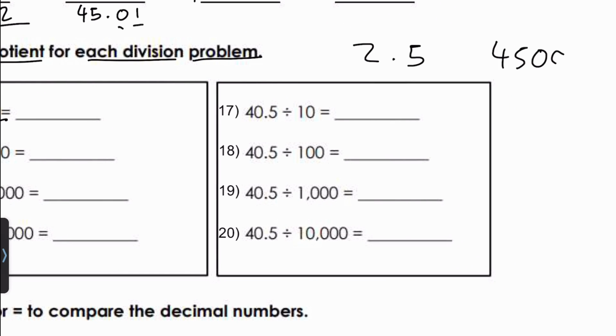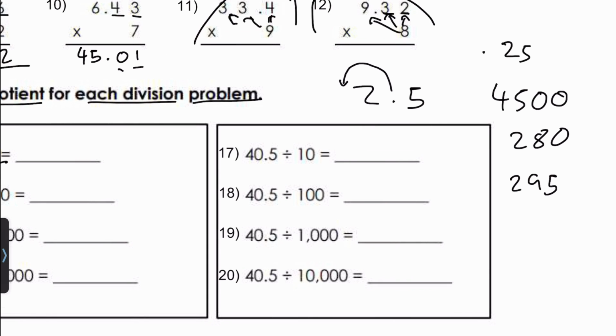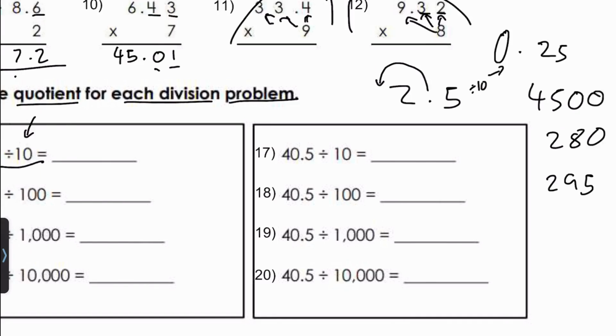So I'm going to give a few numbers here. If you divide any of these by 10, you just move the decimal point 1 time to the left, and you might think, oh, so now it's .25. Well, it looks a bit weird, right? You put a 0. You always backfill with a 0. So that is the answer to a division by 10.